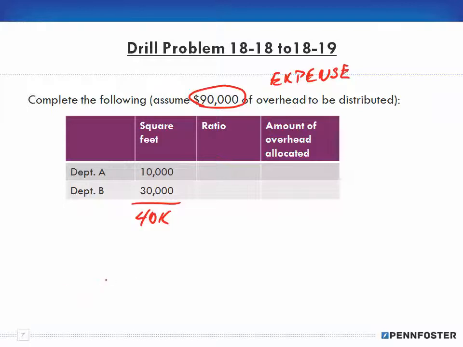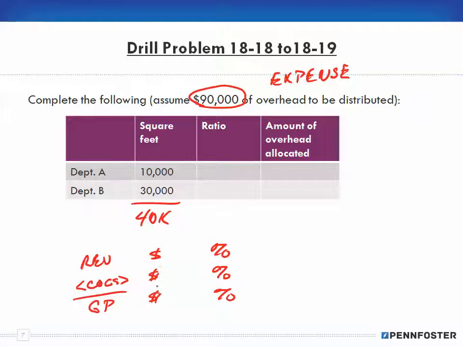Just like way back in chapter 4, 5, or 6, whatever it was, when we were talking about revenues less cost of goods sold giving me a gross profit, and these had dollar figures, we were able to also convert those over to percentages, right? Because our cost of goods sold and gross profit were based upon revenue, our revenue would be 100%. So we would take our cost of goods sold and divide it by our revenue in order to get the cost of goods sold percent.